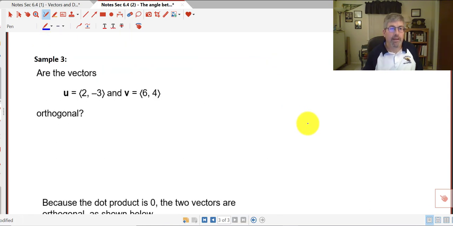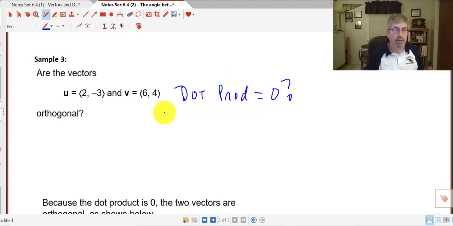So in sample 3, are vectors u and v orthogonal? Well, let's take the dot product of those two and see if they equal 0. So let's check it out. The dot product equals 0 is our question. If they are, then we will know they're orthogonal.